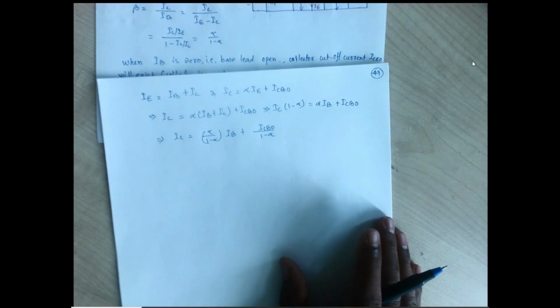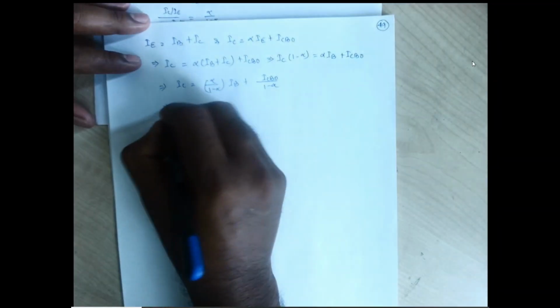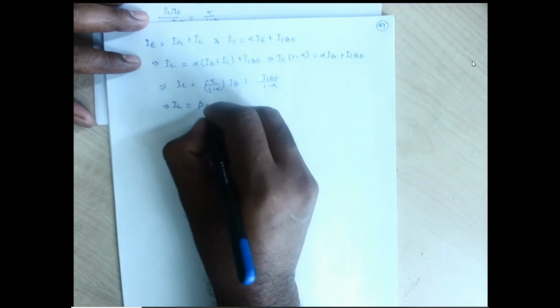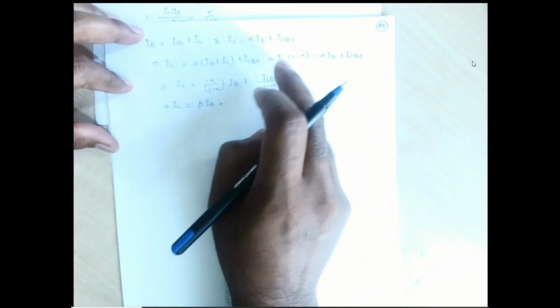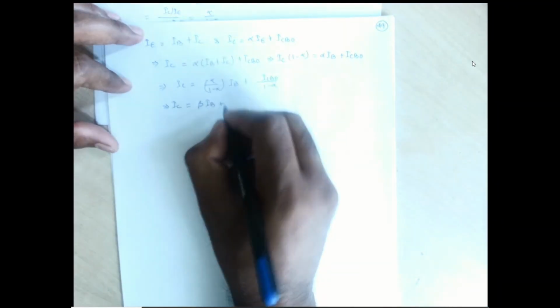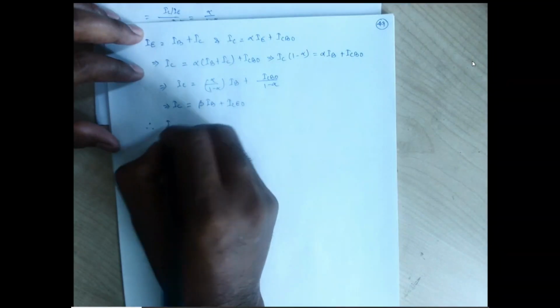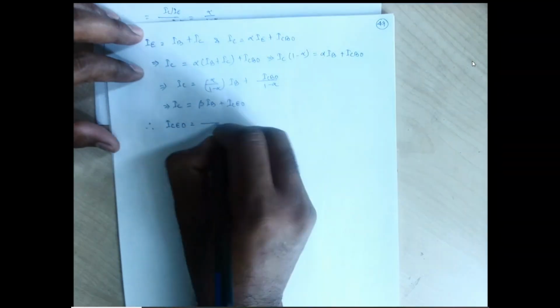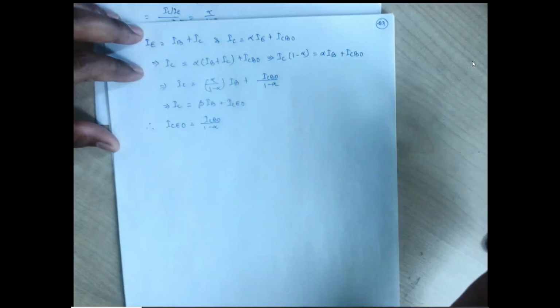So let us replace it here: IC is beta IB plus, for the CE configuration, this should be ICEO. So what does it mean? Therefore we can write ICEO is ICBO divided by 1 minus alpha.